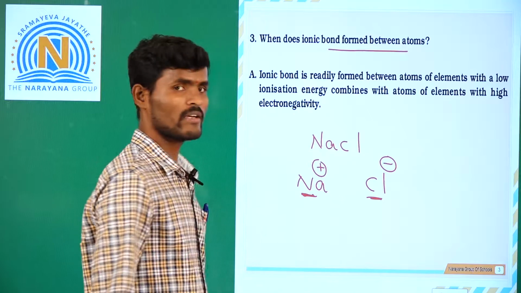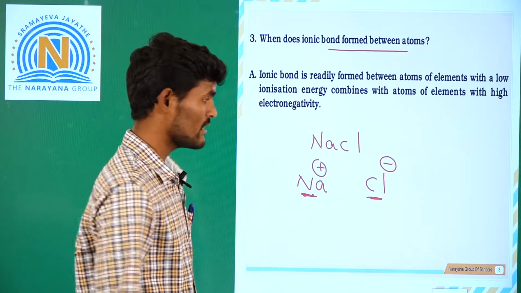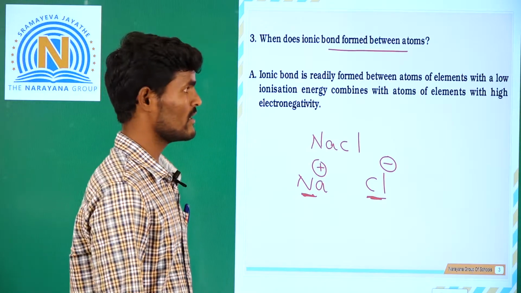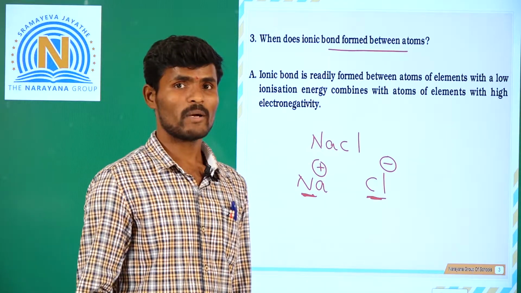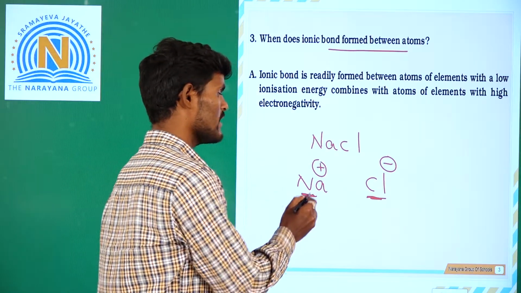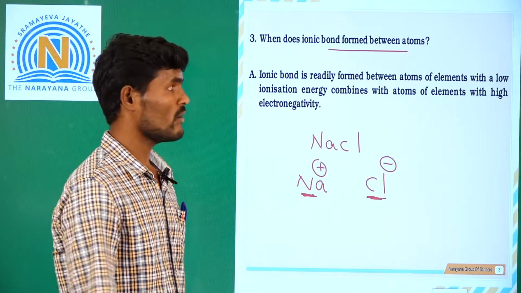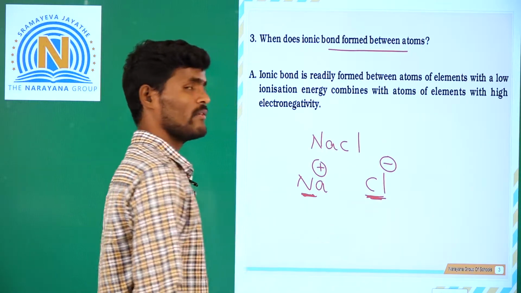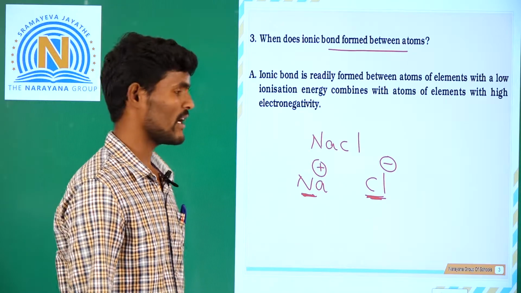The sodium atom has low ionization energy, whereas chlorine is a high electronegativity element. For an ionic bond to form between two atoms, one atom must have low ionization energy, and the second atom must have a high electronegativity value.